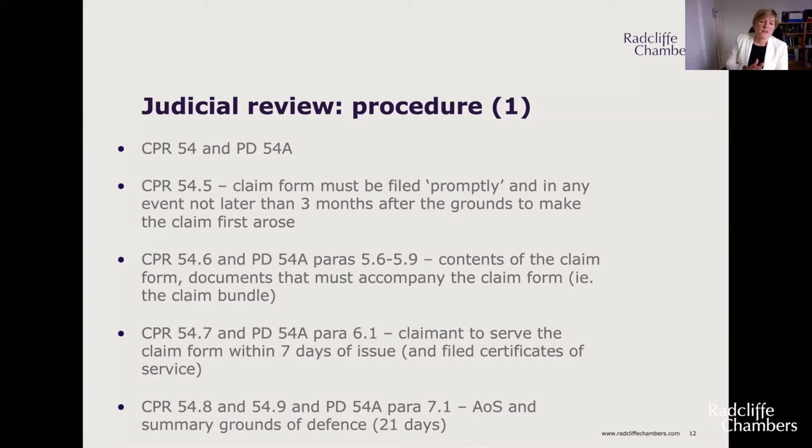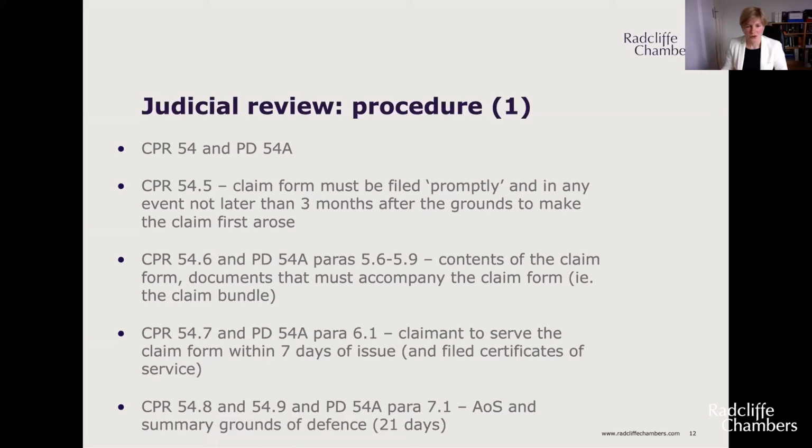CPR 54.6 and paragraphs 5.6 to 5.9 of the practice direction, I'm going to look at in more detail on the next slide. But broadly, that sets out the contents of the claim form and the documents that you need to put in with your claim form. Essentially, what you're doing when you issue a JR is putting before the court a claim bundle.